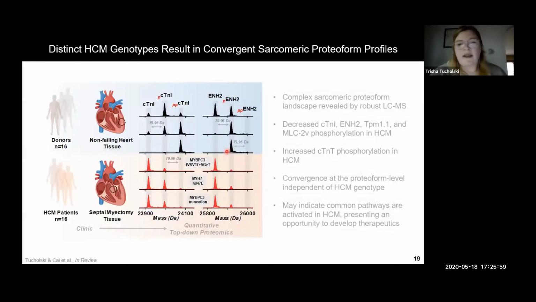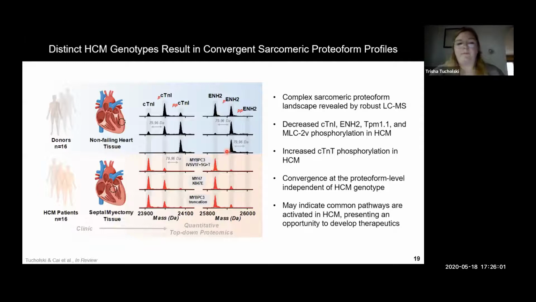So just to summarize, I didn't show you all of the results of this analysis of donor heart tissue with HCM heart tissue, but we're able to take a look at a complex sarcomere proteoform landscape using top-down proteomics. In addition, we saw a decrease in cardiac troponin I, ENH2, TPM 1.1, and MLC2V phosphorylation.